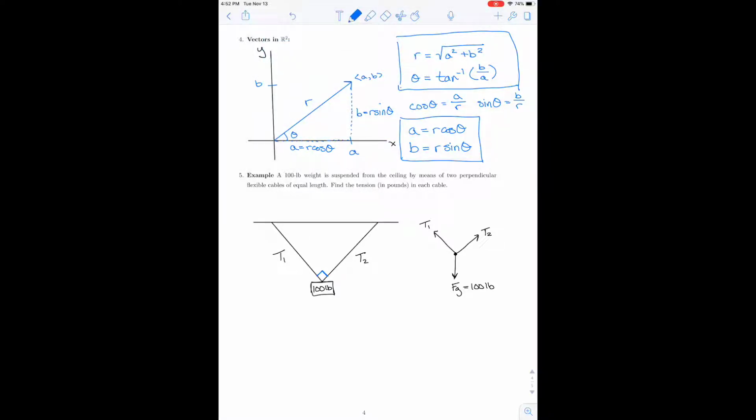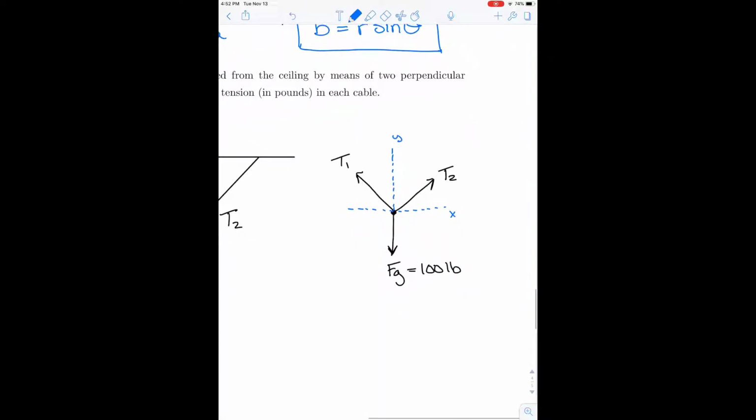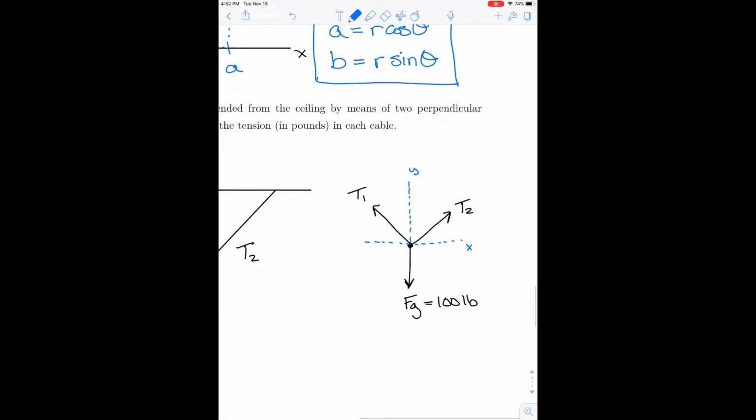Now I'm going to draw a little coordinate system on here so that you can see what the angles are. I'm going to zoom in on this diagram so that we can see what's going on. So there's a 90-degree angle between T1 and T2.